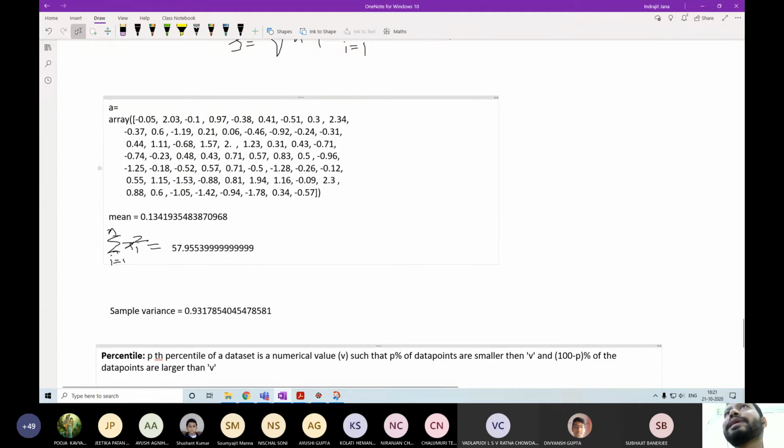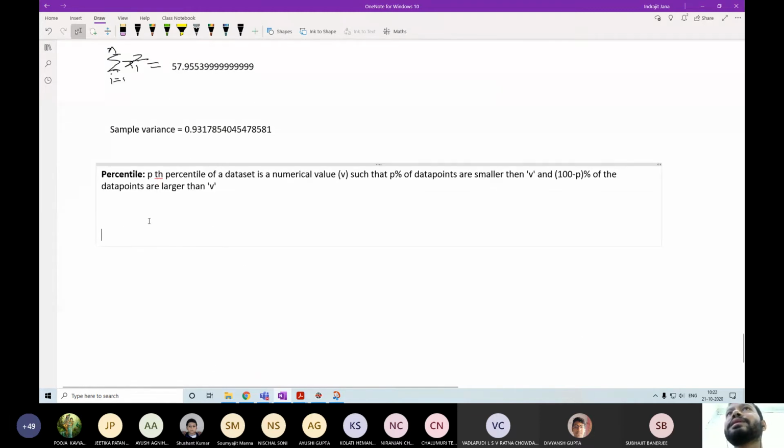Okay, so for example, in the previous data set, let's say we would like to find the 30th percentile of the F4 data set.